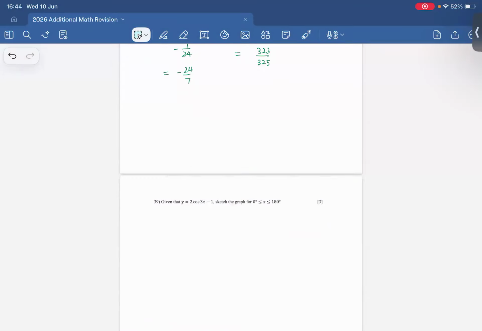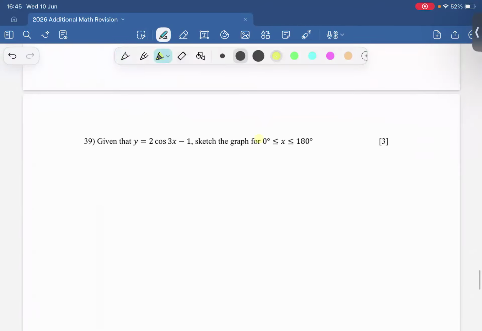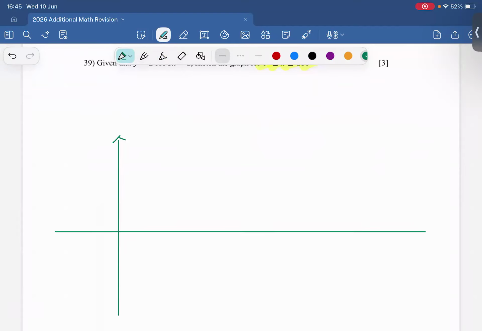Okay, so when I draw a graph, first thing first, of course we need to take note of this. Every time when I draw a graph, what's the first thing that I want to know? Because I will give you a very nice plan B if you don't know how to draw. First thing first, you must know what to mark out on your horizontal axis.